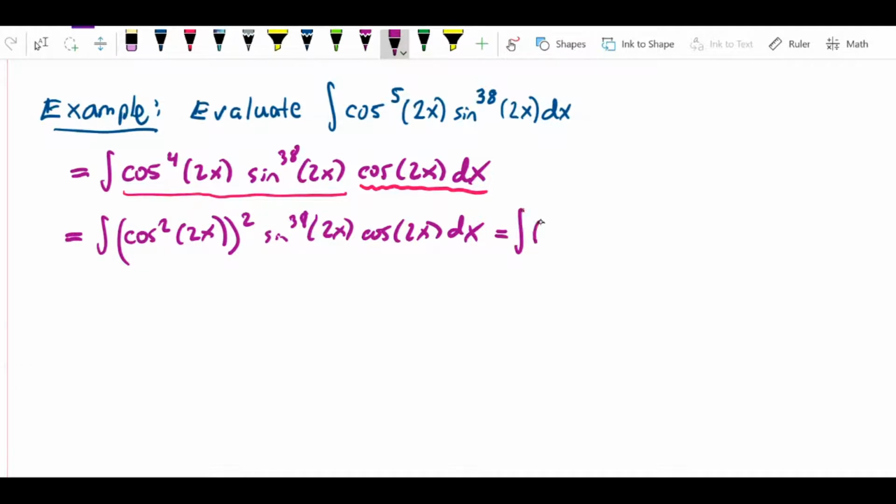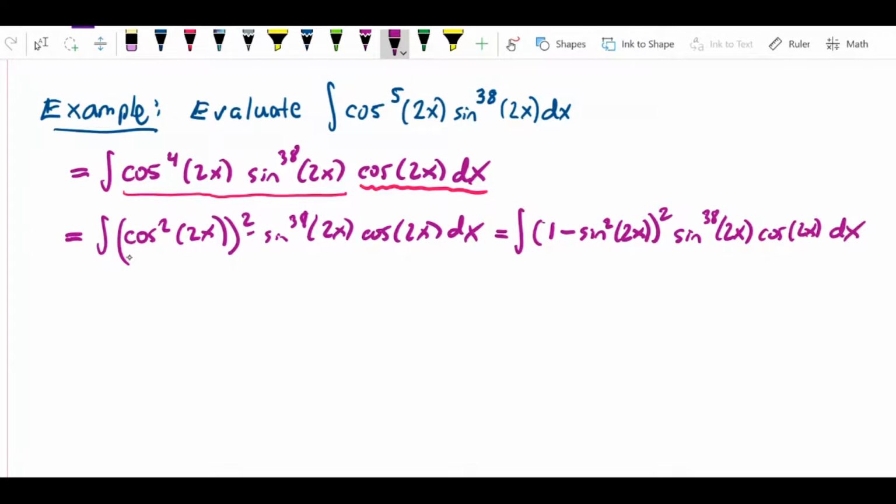So we can rewrite cosine squared 2x as 1 minus sine squared 2x, and notice it's still being squared, so I have to put a squared there. And this is then sine to the 38th 2x cosine 2x dx.